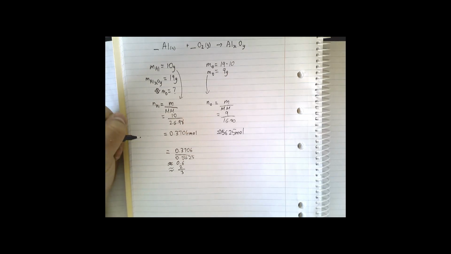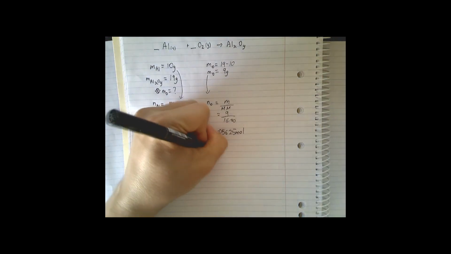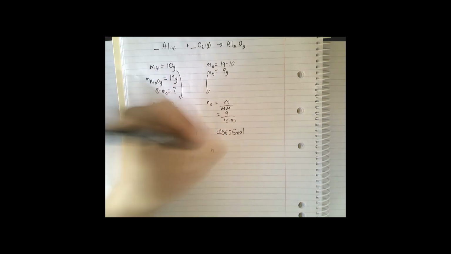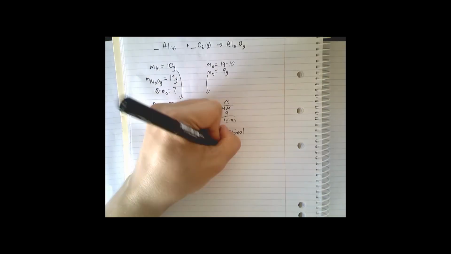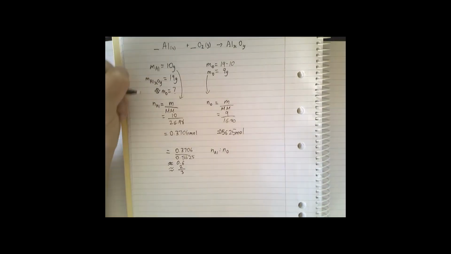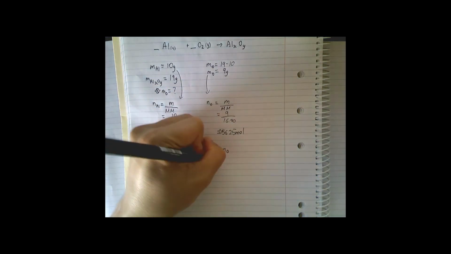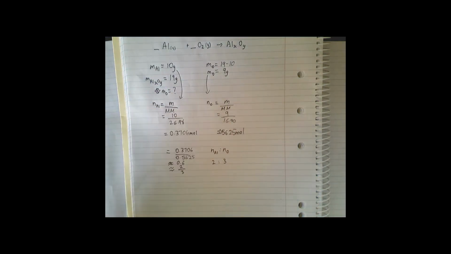Now, from this information, what I should be able to glean is that the number of moles, or the number of particles of aluminium that have reacted, to the number of moles of oxygen that have reacted, or the number of particles, is equivalent to the following ratio, that is 2 to 3.